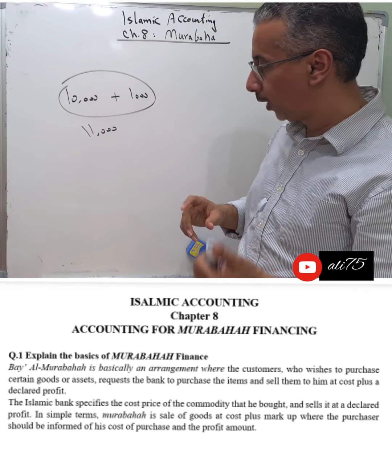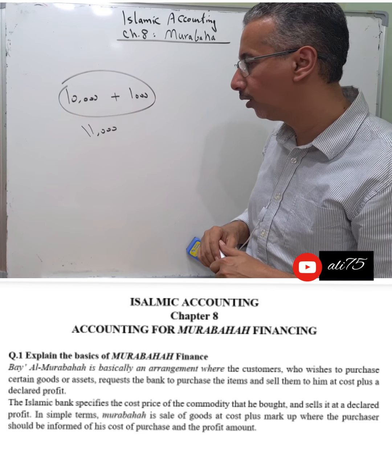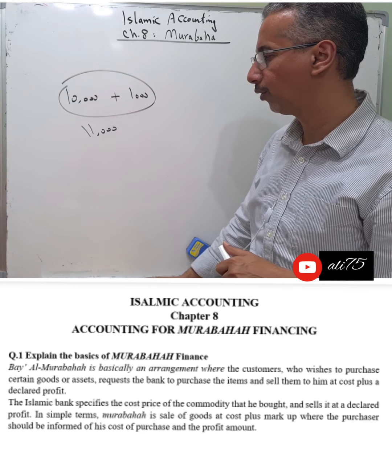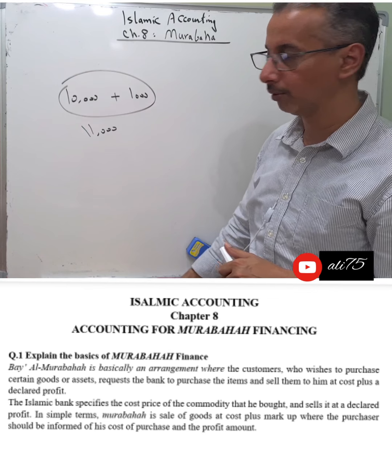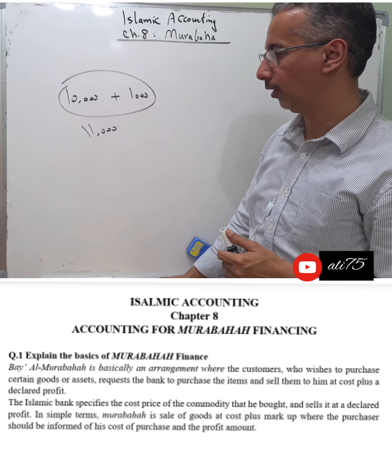It is sale of goods at cost plus markup, where the purchaser should be informed of his cost of purchase and the profit amount. The bank should also inform the purchaser about these details.